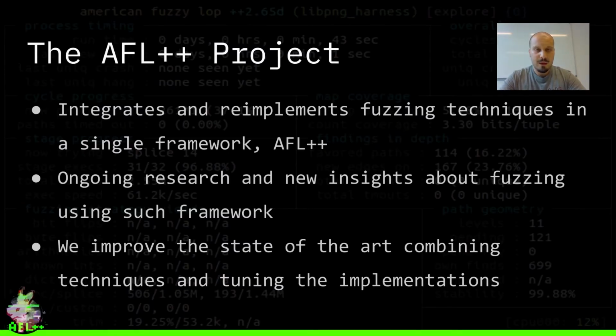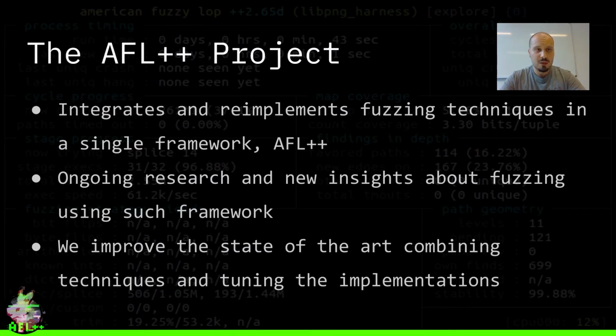So we integrate previous works based on AFL in our code base, and often re-implement from scratch techniques that are not implemented on top of AFL, or whose code base doesn't meet our requirements in terms of code quality, in a single framework that is AFL++.